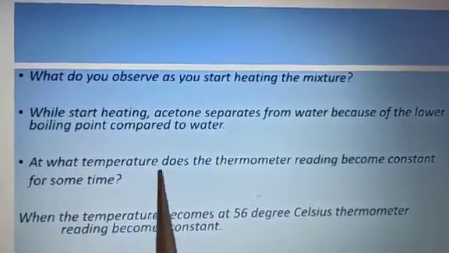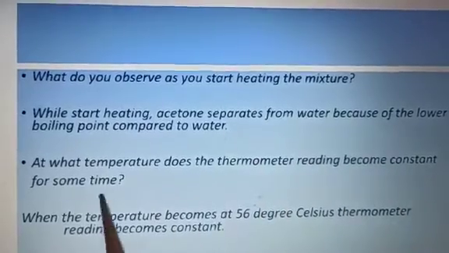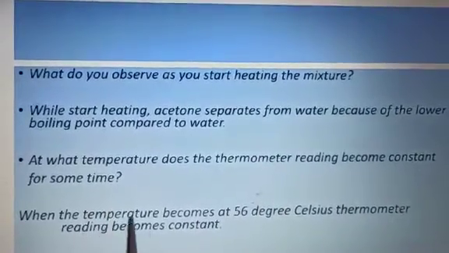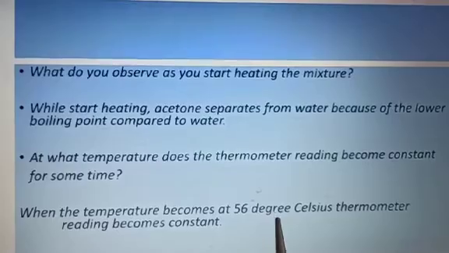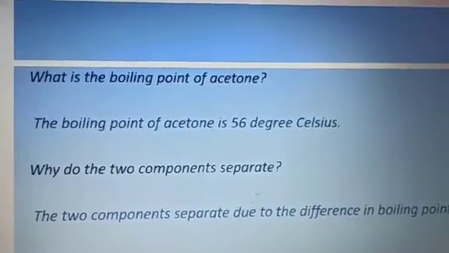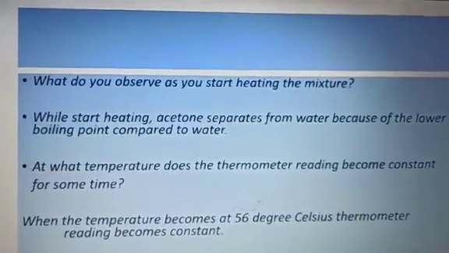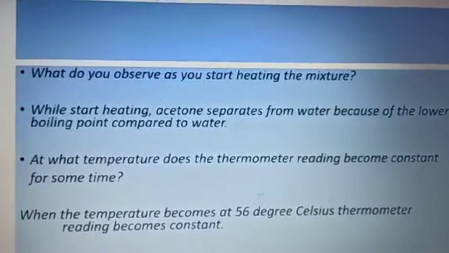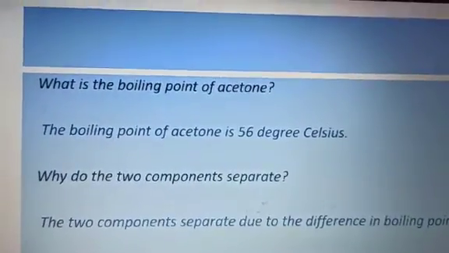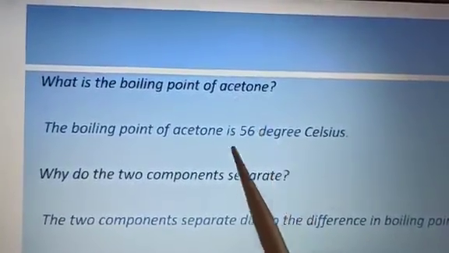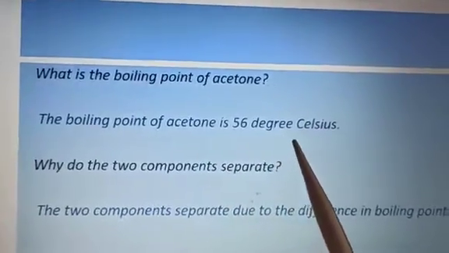At what temperature does the thermometer reading become constant for some time? When the temperature reaches 56 degrees Celsius, the thermometer reading becomes constant, right? What is the boiling point of acetone? You know that it is 56 degrees Celsius.